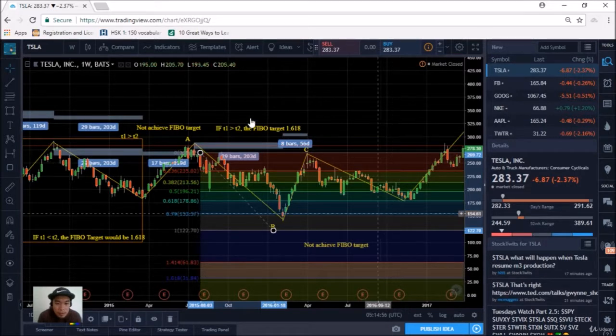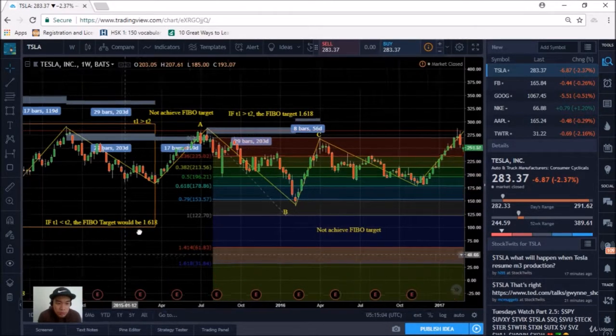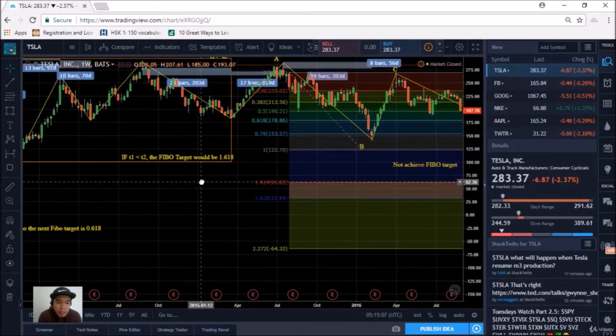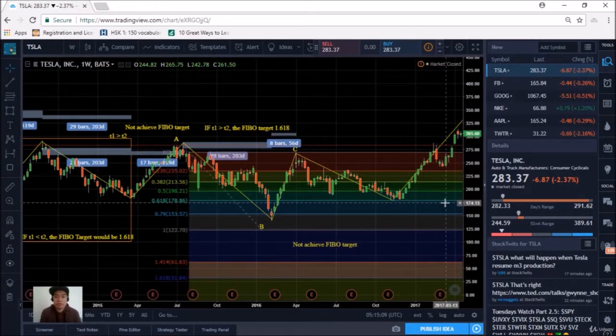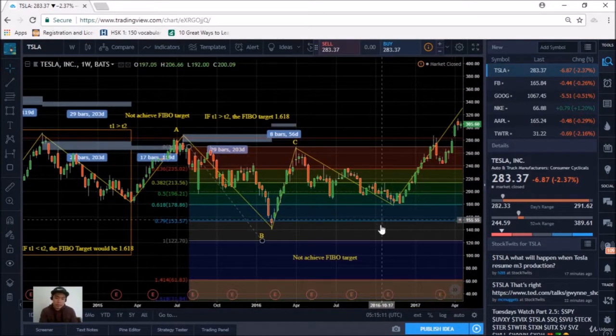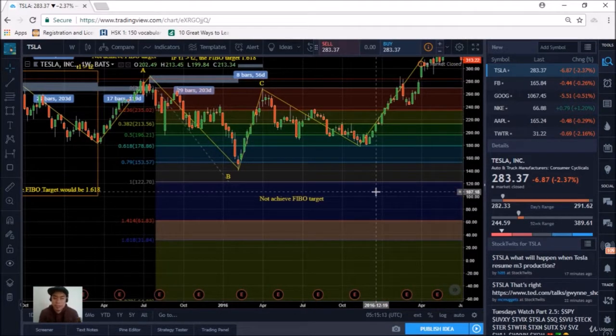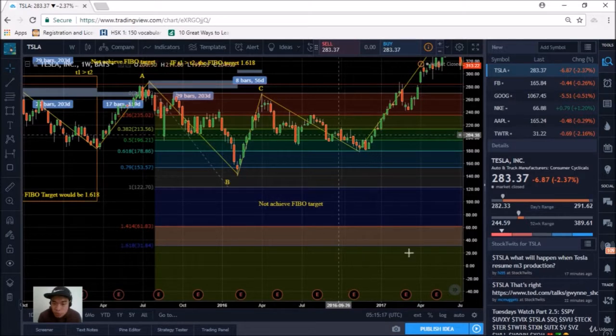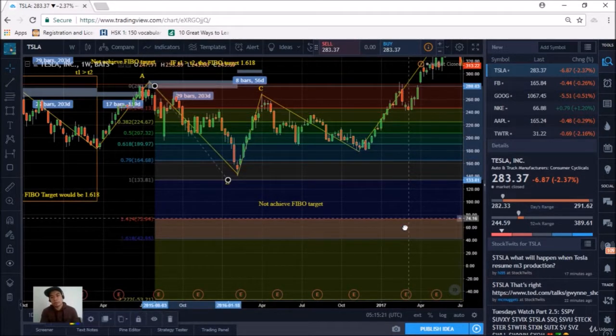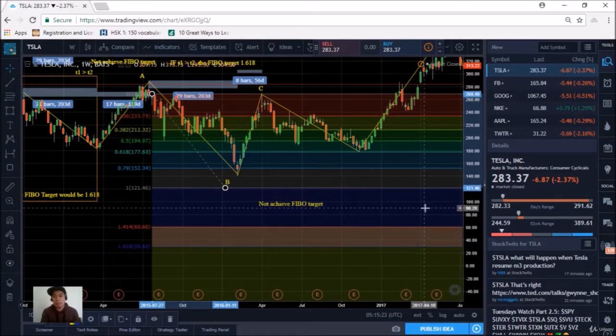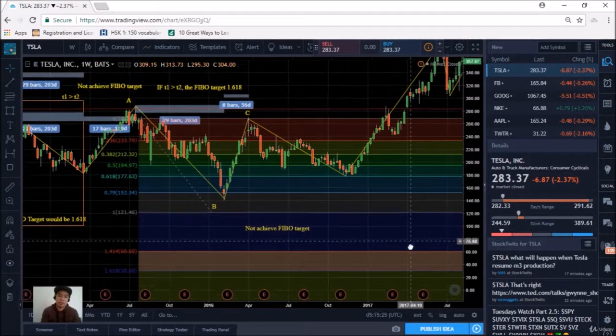If this T1 is more than T2, the Fibonacci target is 1.618 downward. So now we can see that it's getting unachievable. It's way too far beyond this downward. So next, what it indicates is that it will go up.